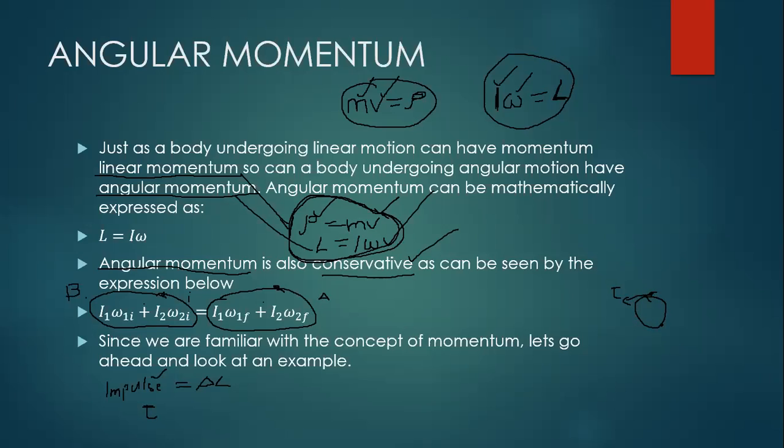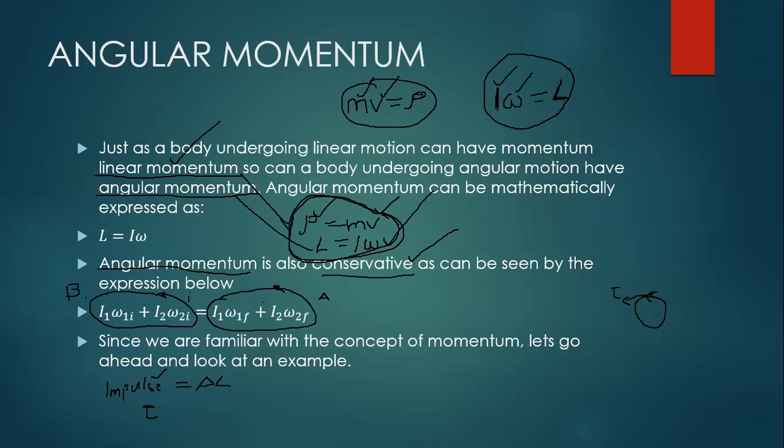Its velocity will change, so its momentum will also change. If we change its angular momentum, this is what we call impulse. It's also a concept that we know in linear momentum, and it's there in angular momentum too.